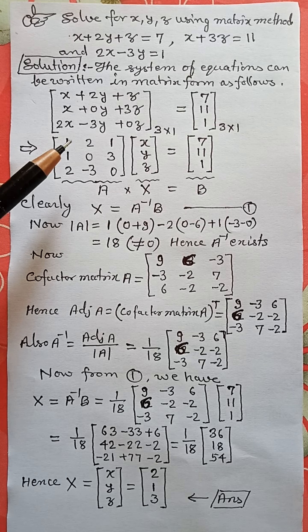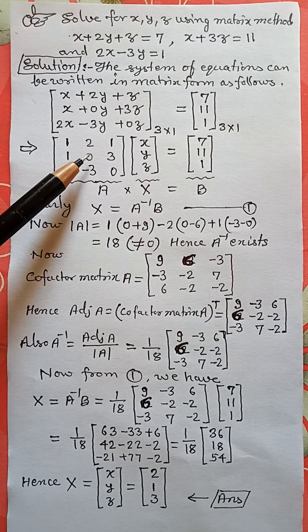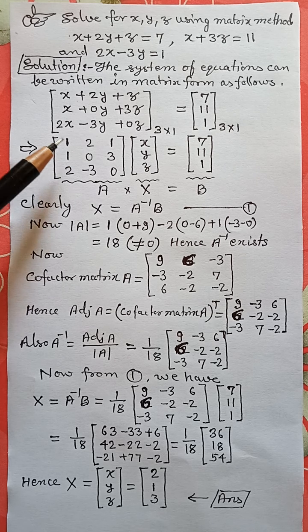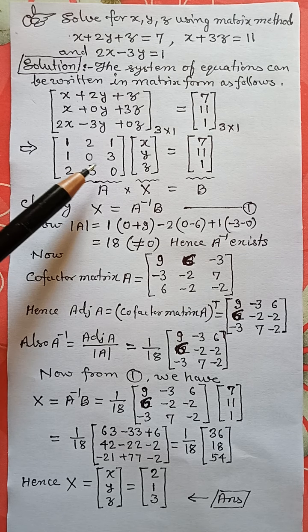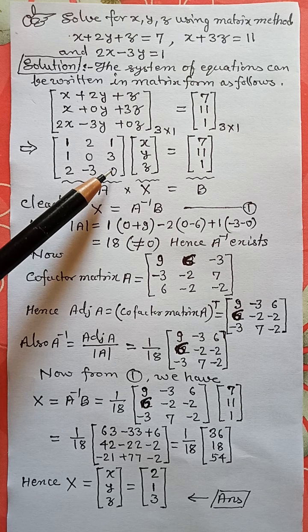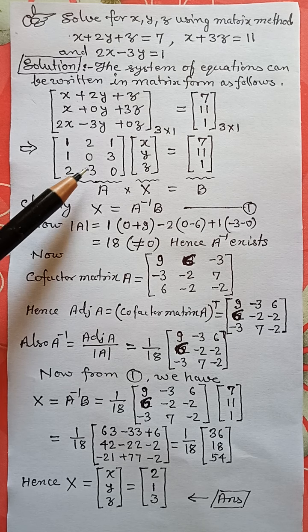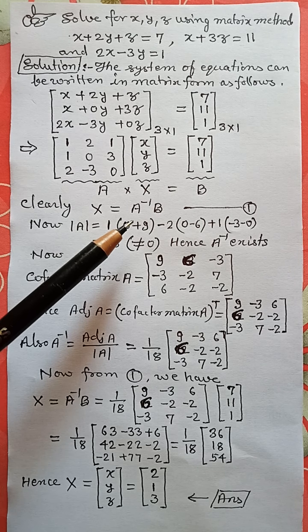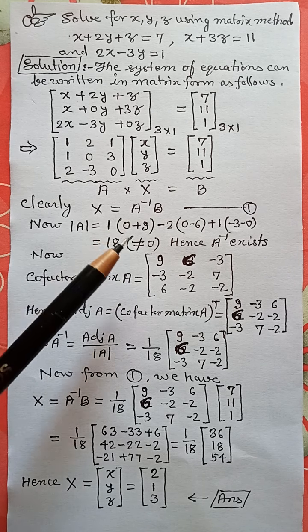Now you can find the determinant of this matrix. Here 1 multiplied by the cofactor of 1, which is 0 times 0, minus 3 multiplied by 3, that is minus 9, minus minus 9, that is plus 9.